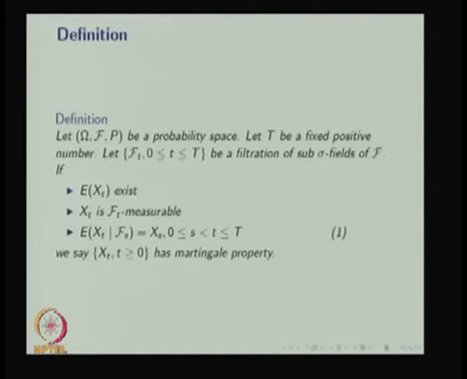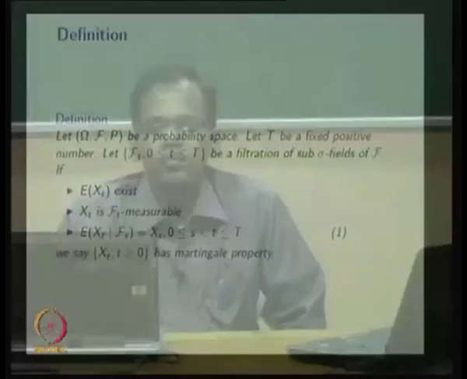So in this definition, we started with the probability space and we fixed some positive number. Using that, we create a filtration, and those filtrations are nothing but sub sigma fields of F. F is a sigma field. If you have a collection of random variables, that's a stochastic process.